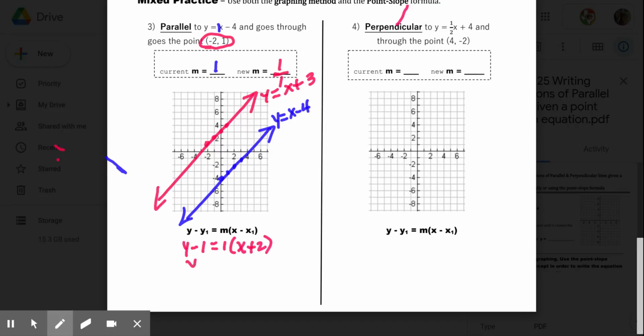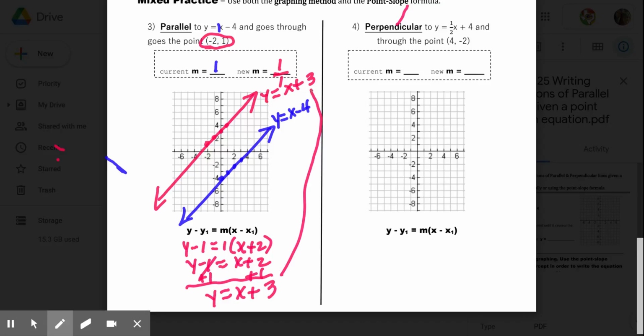So we'll have y minus 1 equals x plus 2. Then we're going to add 1 and add 1. So y equals x plus 2 plus 1 is 3. So we get the same equation that we did right up there.